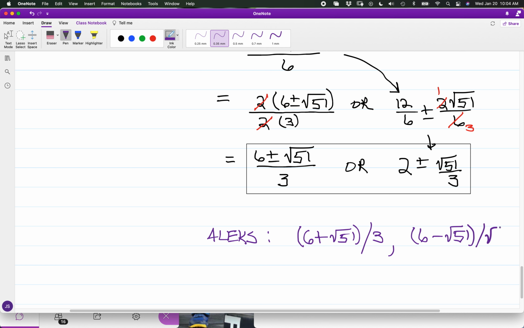But if you had it separately, you have 2 plus the square root of 51 over 3, and 2 minus the square root of 51 over 3.